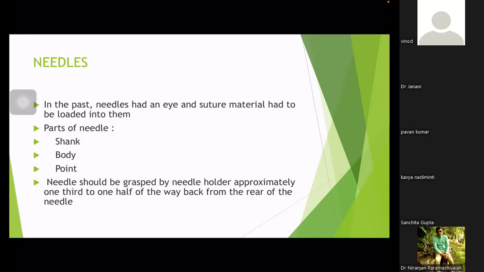Why is it important? The suture maintains the tensile strength and absorbability. How long does the wound take to heal? When will the wound get 50% of its strength? When will it get 90% of its strength? Sir, at the end of the week it will get 50%, and at the end of 3 months it will get 90% of the strength.